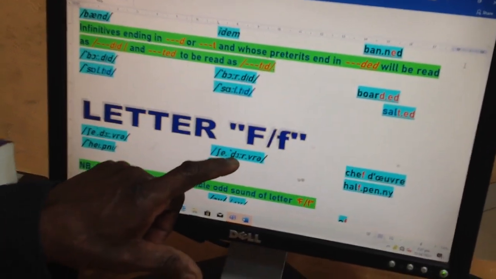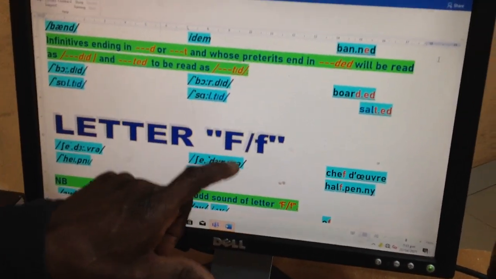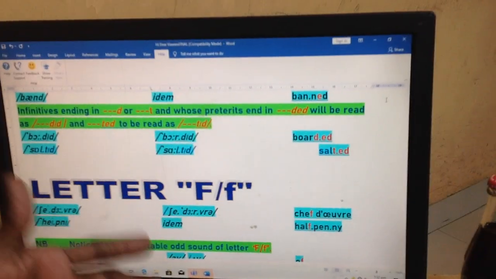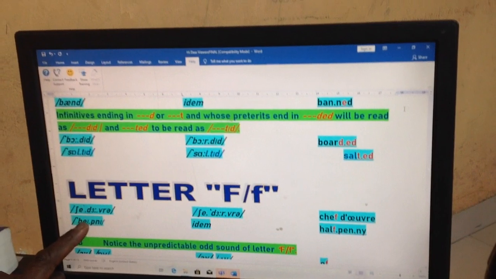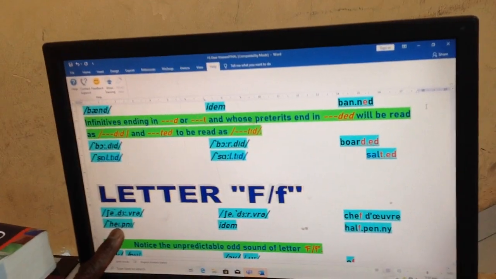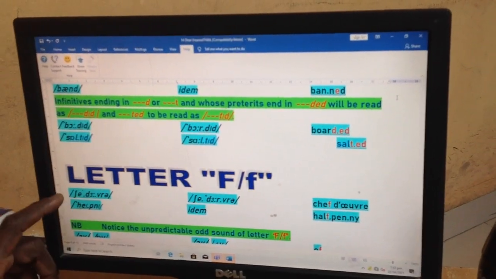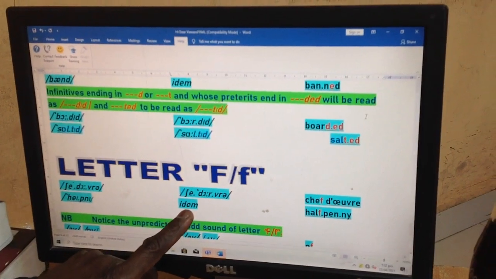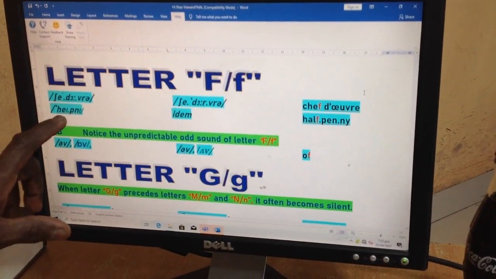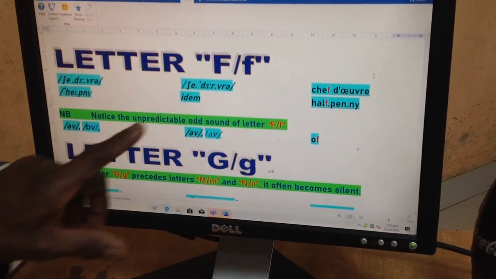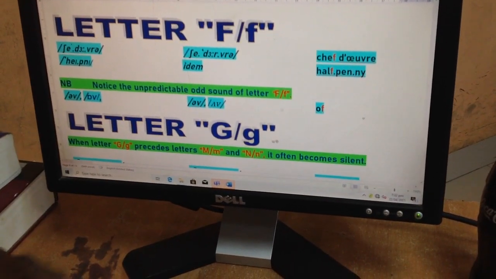And so, chef d'oeuvre, chef d'oeuvre. That's educated American sound. And then we come to this spelling, we would say halfpenny, halfpenny, halfpenny. Same with the Americans. They will condone diphthongs even there. There is no monophthongs here.